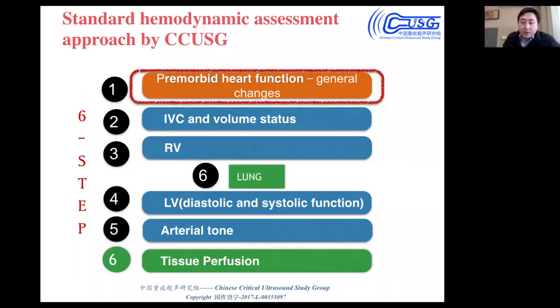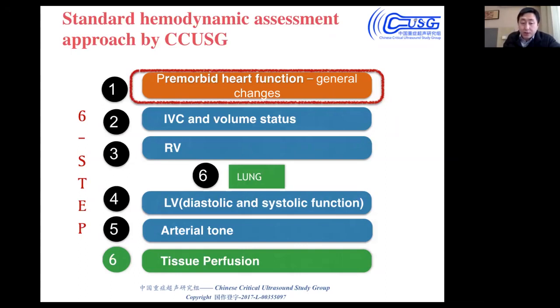Fourth, we will assess the left ventricle to know the diastolic function and the systolic function. Fifth, we will evaluate the ultrasound of the patient.